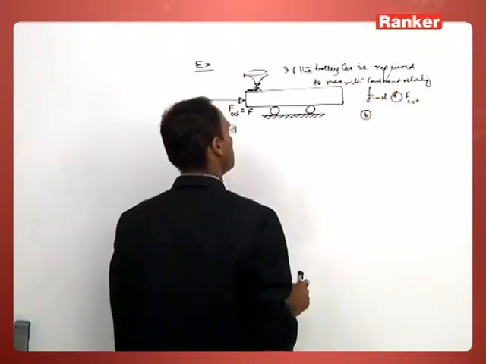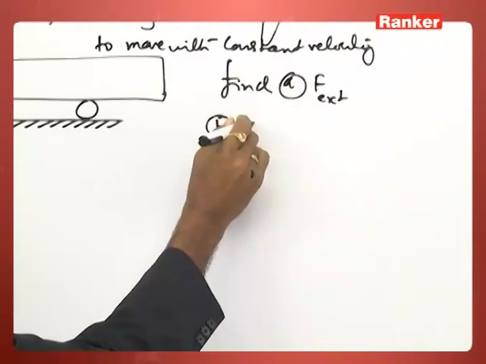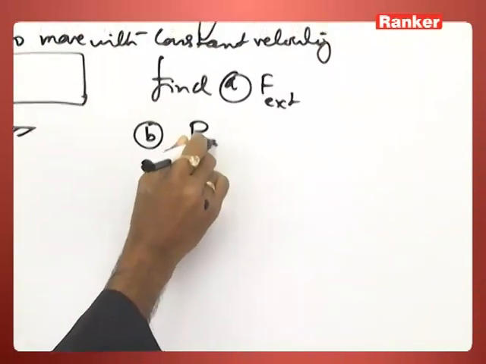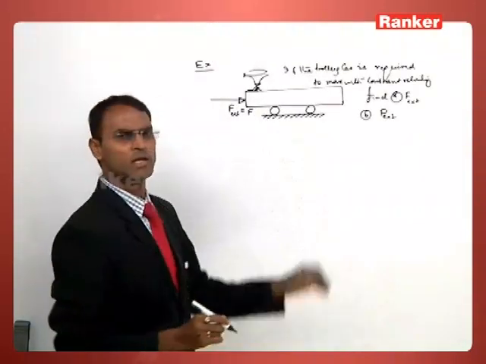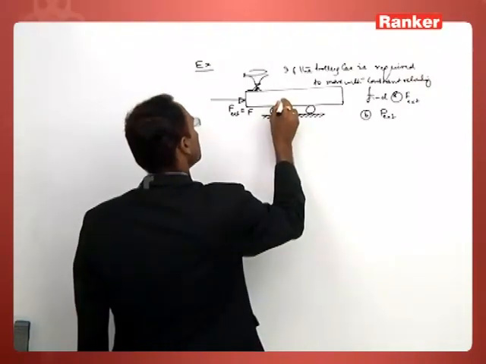Find the power delivered by the external agent who is pushing the trolley car with constant velocity.